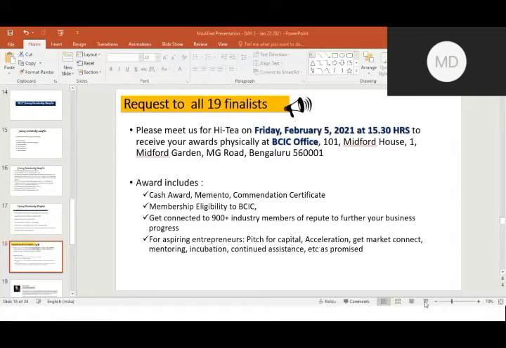And for aspiring entrepreneurs, there is going to be a lot of opportunity to pitch for capital and acceleration, because we have a lot of members and stakeholders connected to BCIC who are into incubation services, active investors and investment companies, etc.